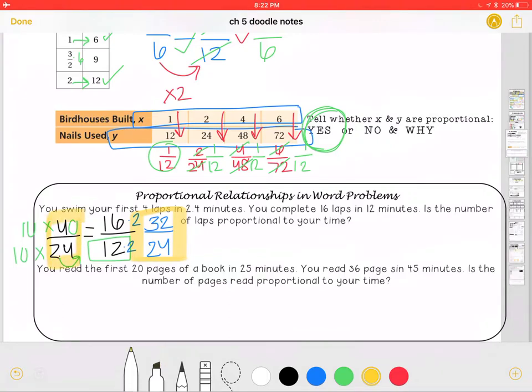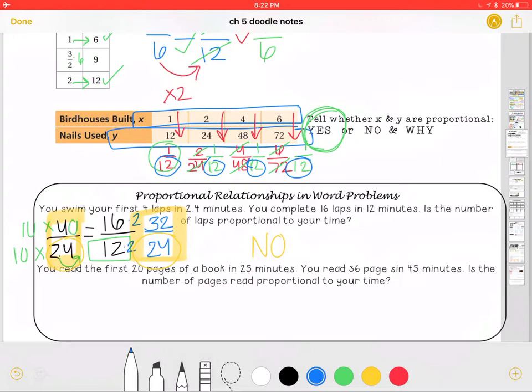No. So another way to decide whether or not they're proportional is see if you can get them with the same denominator, right? Just like up here, we got them all to a denominator of 12, which meant all their numerators were 1, they're equal. Down here, I tried to make it a little easier. I made them all 24. You could have tried to just simplify them all or find the unit rate for each of them to help you. But no, the number of laps is not proportional to my time.